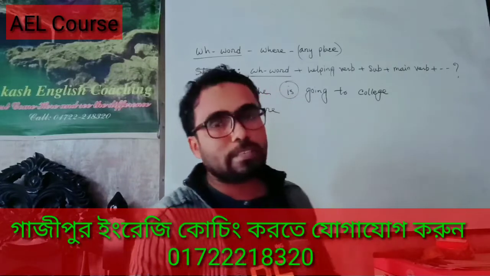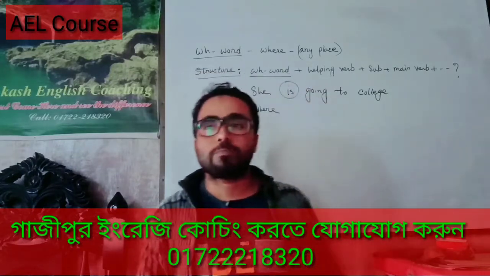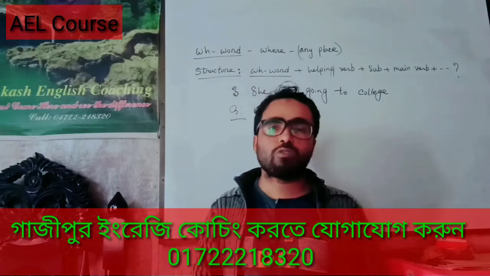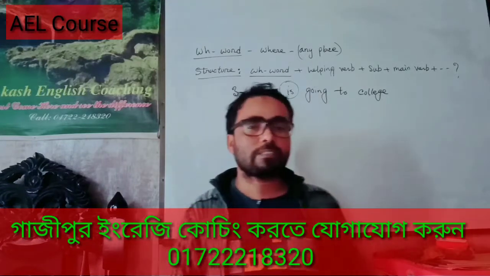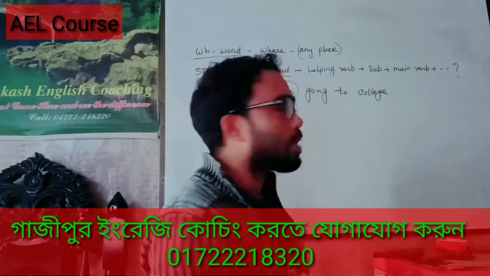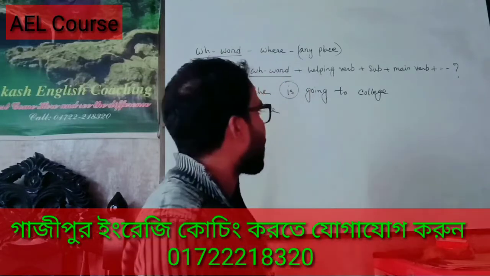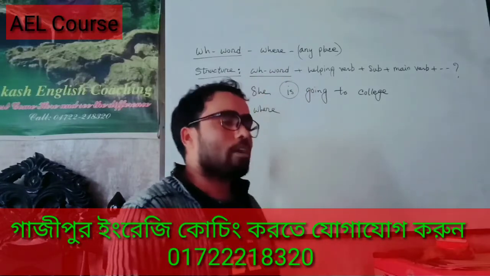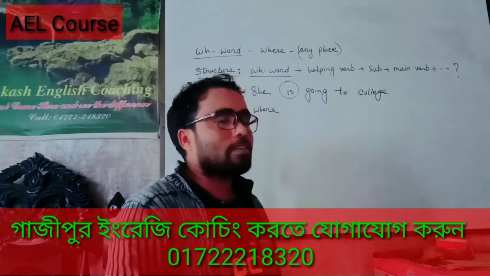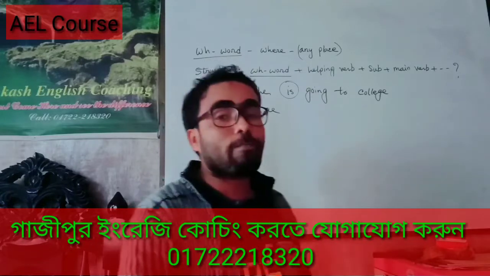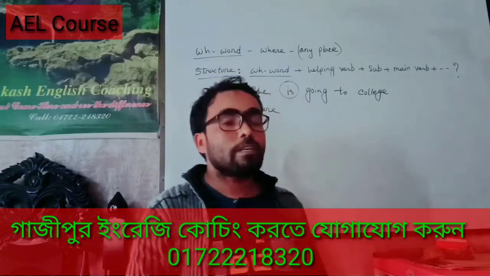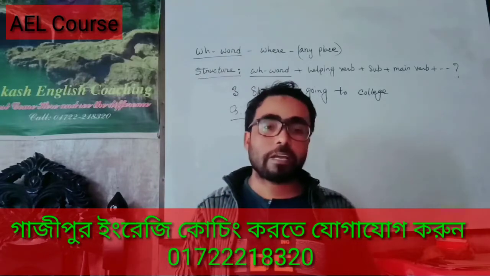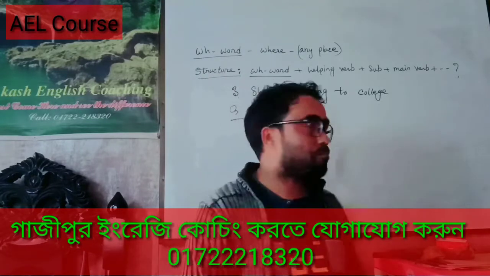If you find a helping verb in the sentence, such as am, is, are, was, were, can, could, may, might, shall, will, would, should, must, have, has, had, do, did, does, you should not take do, did, does. If you don't find a helping verb in the sentence, you have to take do, did, or does according to the tense.